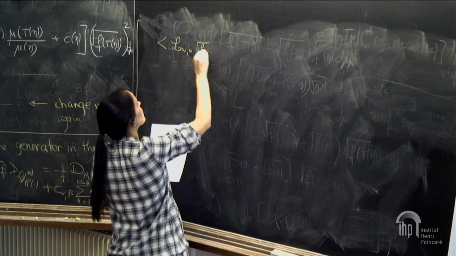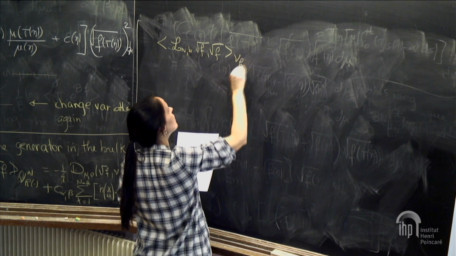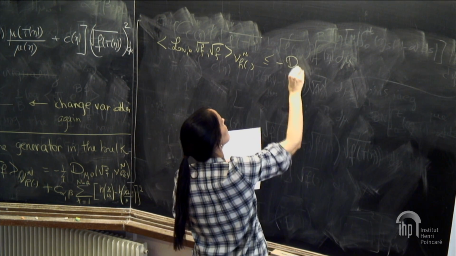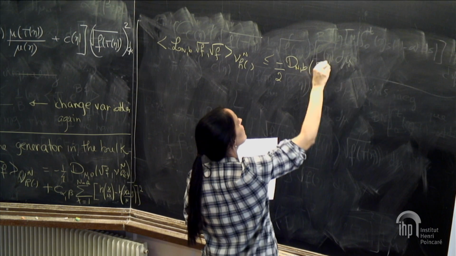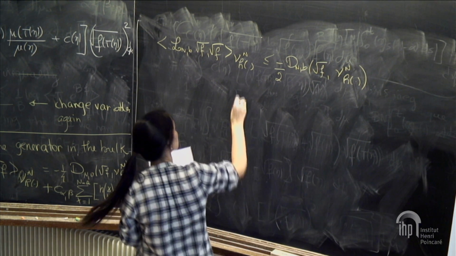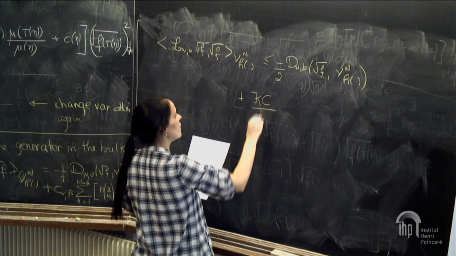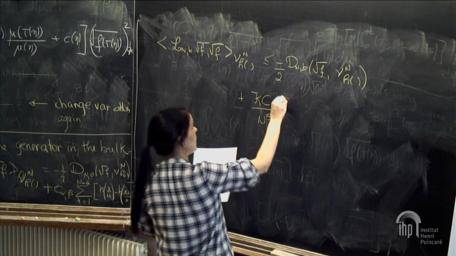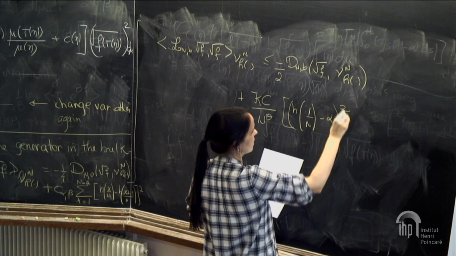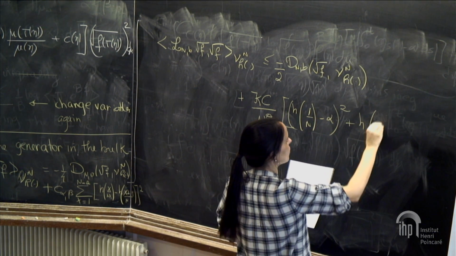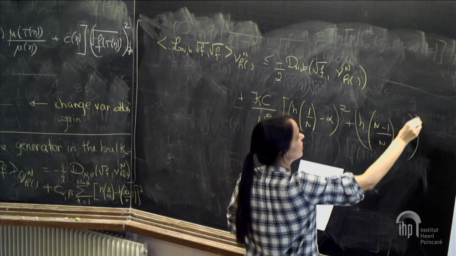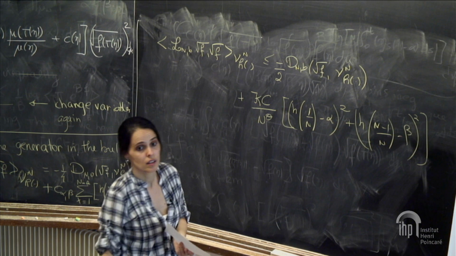So it is D_B of square root of f, square root of f. This is less than minus D_B over 2 plus K, a constant, n to the theta, and here I'm going to put it all.